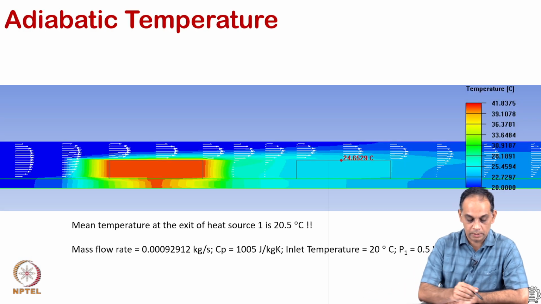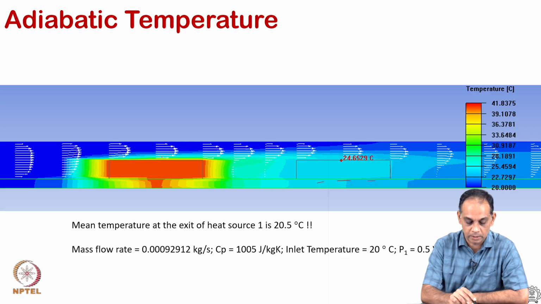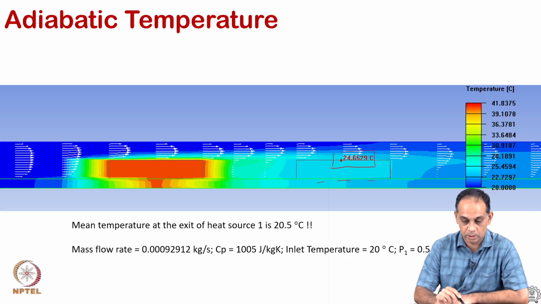If we calculate an adiabatic temperature, which means turning off the power of the second heat source and powering only the first heat source, and we measure the temperature using the conjugate effects and everything, you see that you get a temperature of 24.6. This is what is called adiabatic temperature.